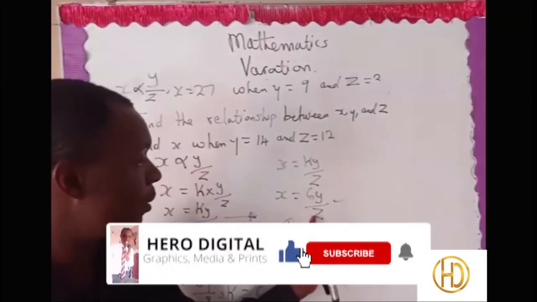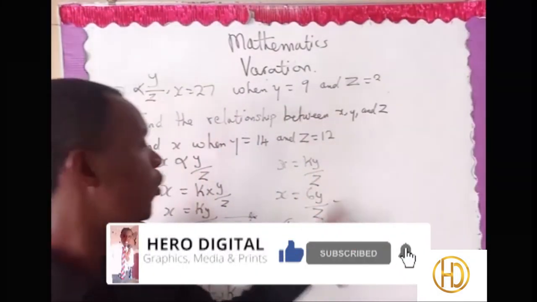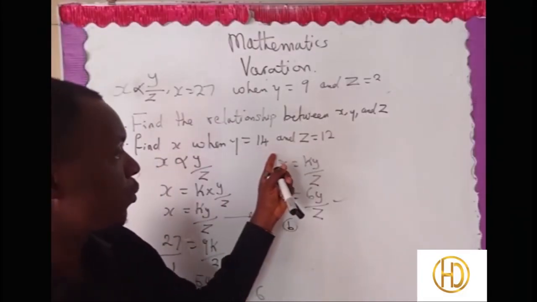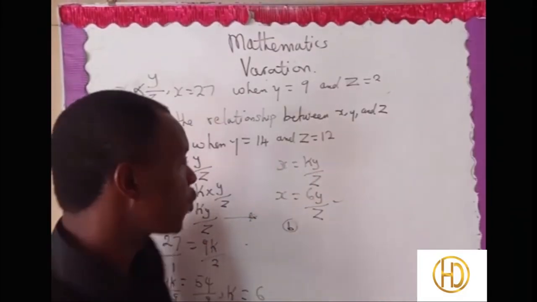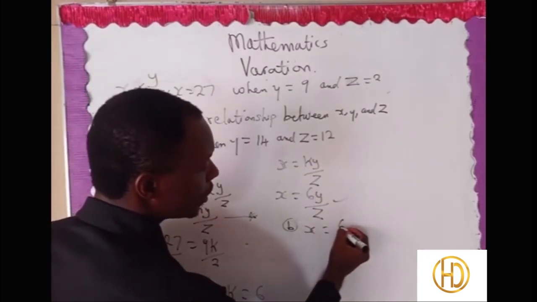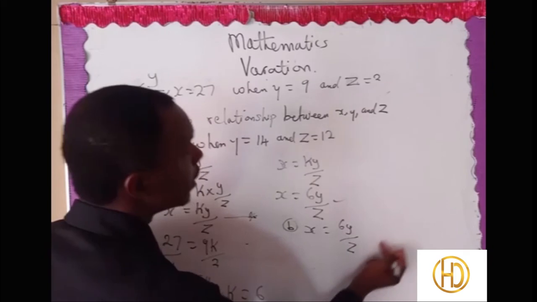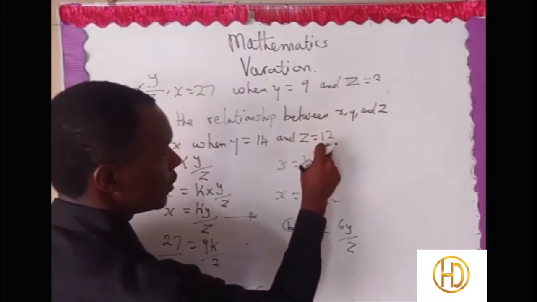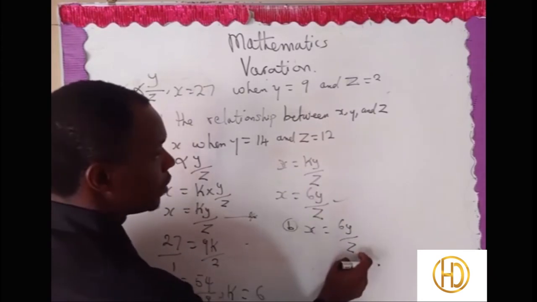Now that we have gotten our formula, every other question boils down to the same formula. B, find s when y equals 14 and z equals 12. So come back to this same formula, which is s equals 6y over z. Substitute your values. Y is 14, z is 12.